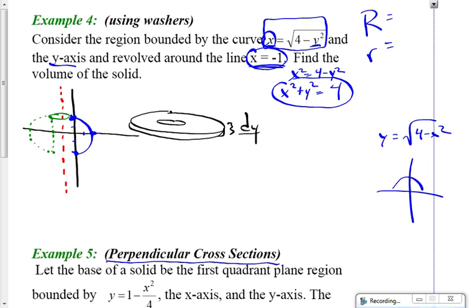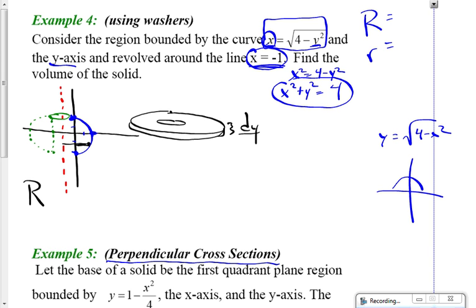So I'm going to go back to my picture. Okay? Big R is the distance between the axis of rotation and the outermost curve. So big R is this distance for some representative disk, or some representative washer. Big R is this distance right here.